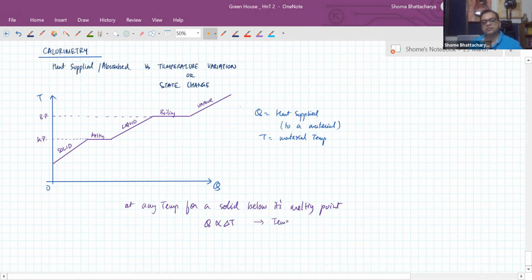So temperature increases uniformly with Q, and the relationship between the two depends on two things: the mass of the material and a property of the material called specific heat capacity.